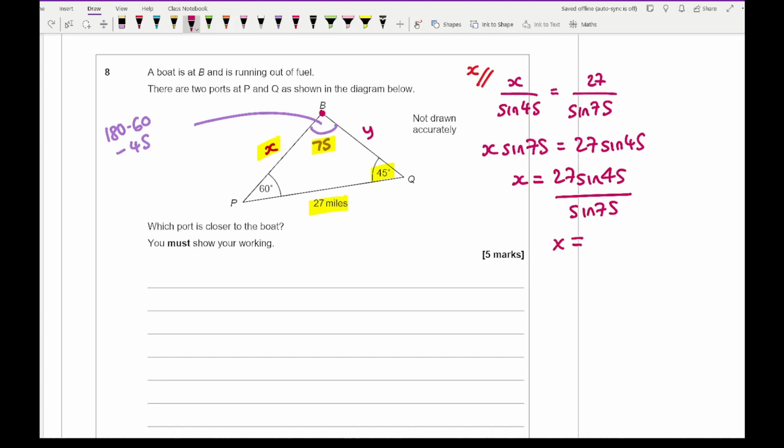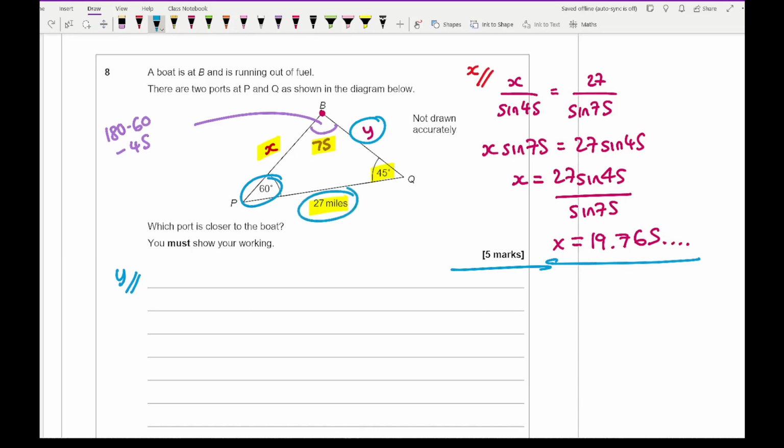So x equals, and typing that all into my calculator, I get an answer of 19.765 and so on. I hope that rounding is good enough, but I'm going to leave it as it is there. The next thing for me to do is to work out y. To work out y, I'm going to use this side and this angle and this side and this angle.